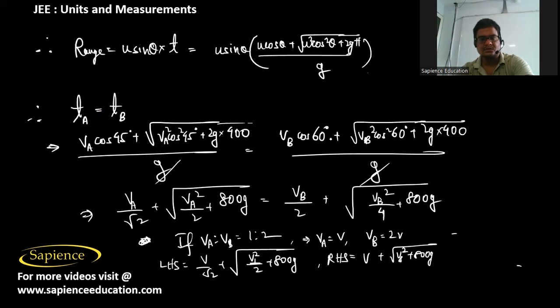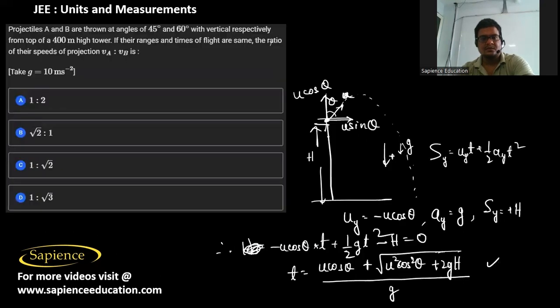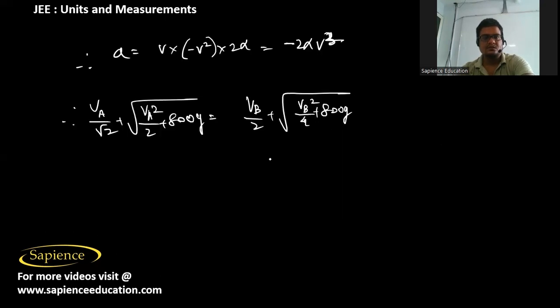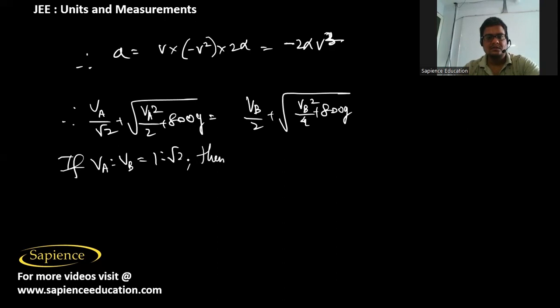Now here if we take VA is to VB as 1 is to root 2, then let's say we take VA as u and VB as root 2u.